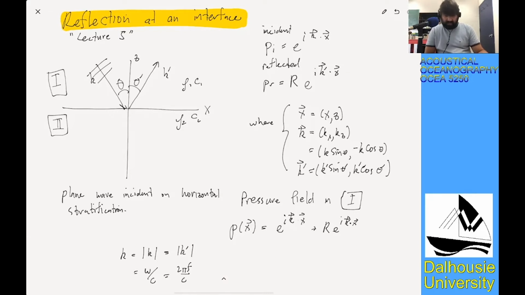Okay? Makes sense? And so what is R? R is the amplitude of the reflected plane wave, right? So we're going to define it as the plane wave reflection coefficient, okay?